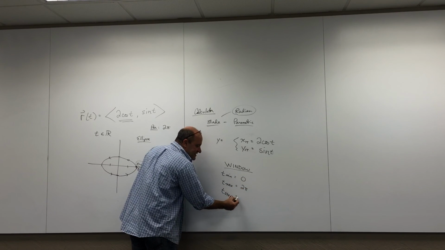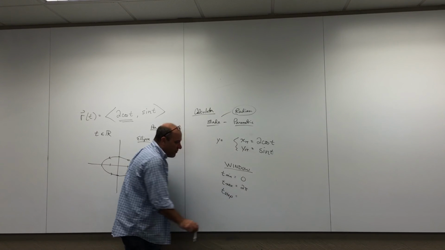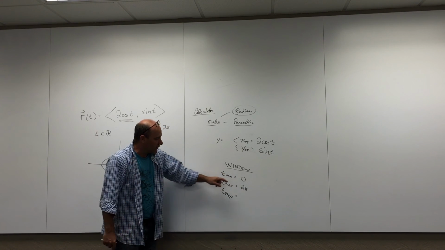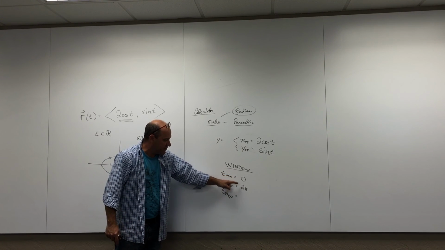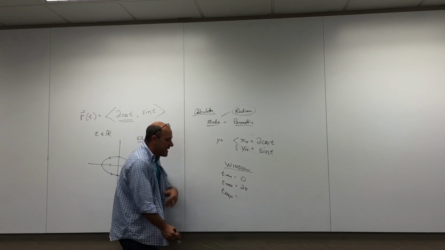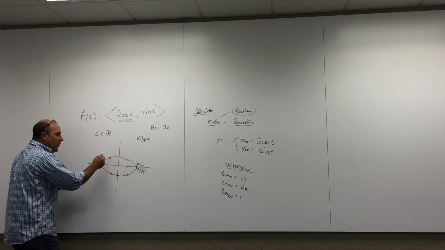But check this out, the t step. Watch what happens if you use too big of a t step. 0 to 2 pi in numerical terms is roughly 0 to 6, about 6.28. So if you do a t step of 1, it's only going to plot 6 points.